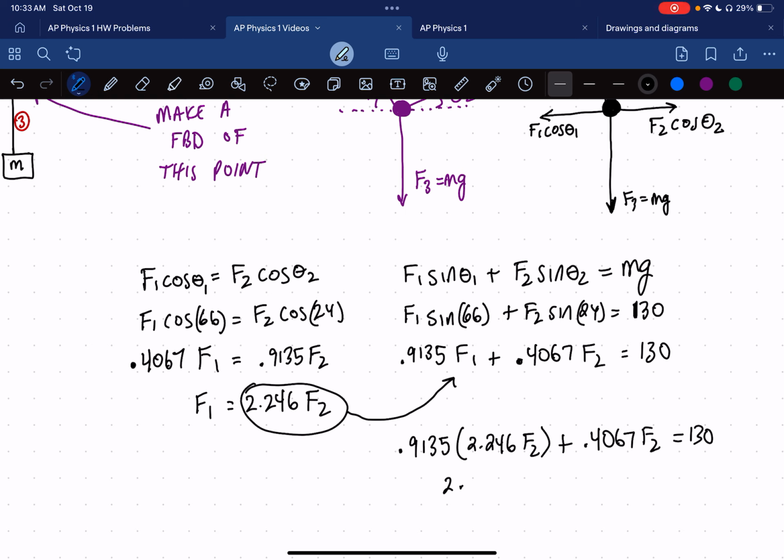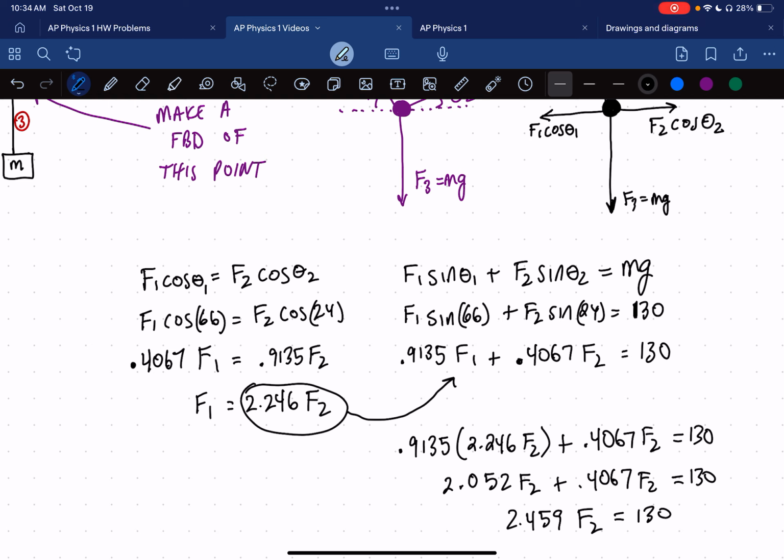This is 2.052 times F2 plus 0.4067 F2 is 130. 2.052 plus 0.4067 is 2.459 F2, which is equal to 130.